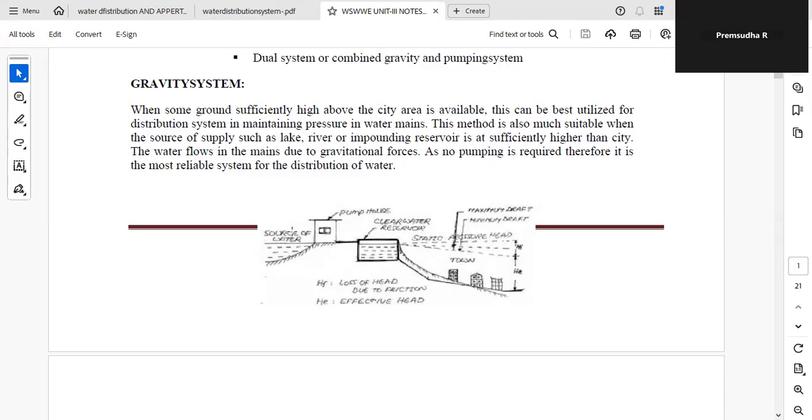Here you can see the source at the pump house, that is the clear water after treatment. Here it is stored. Then through gravitational force, with no need of pumping, due to the land and geological formation, the water is supplied to the town.